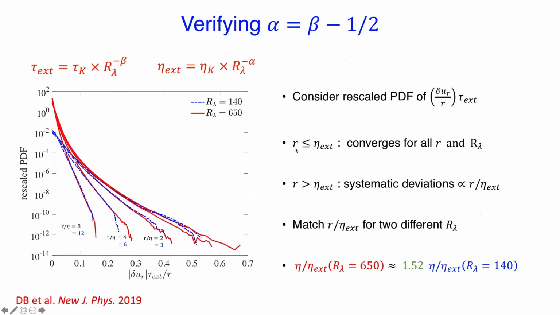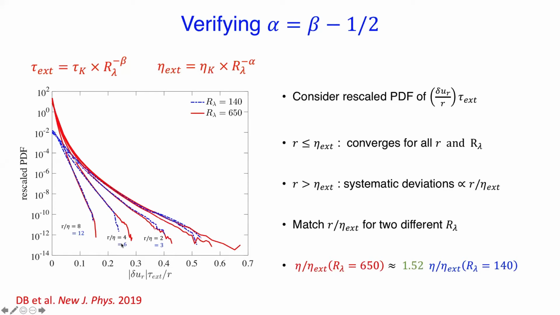If I'm looking at distances r which are smaller than or equal to eta x, the smallest length scale corresponding to the extreme gradients, then this quantity will converge to the same distribution, the same curve as we saw earlier from the collapse of the PDFs. And if I look at larger r, the deviations from the collapsed version can be shown to be proportional to r over eta x, which is to be expected if you do a Taylor series expansion around that.